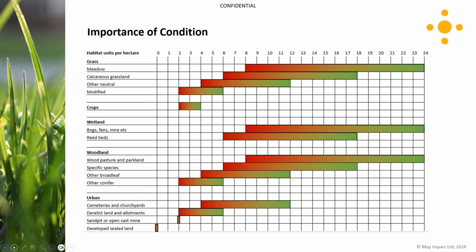Recently, we've seen DEFRA begin to put prices against the cost of those habitat units because of having to offset biodiversity in certain situations. So we're talking about habitat units that can have a value starting around 20 to 25,000 pounds per unit, but going up into the hundreds of thousands of pounds for certain habitat types.